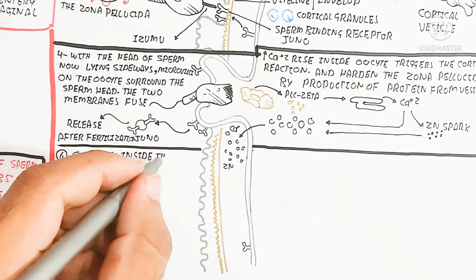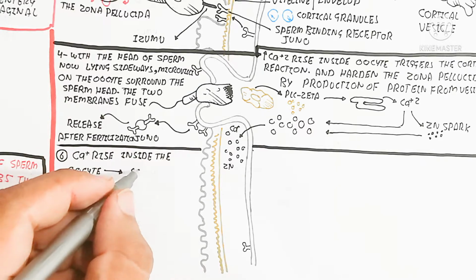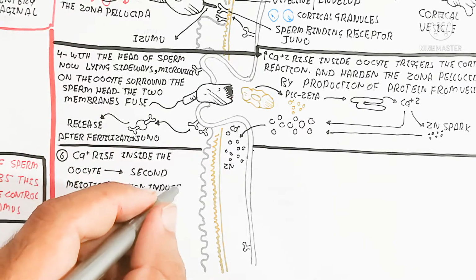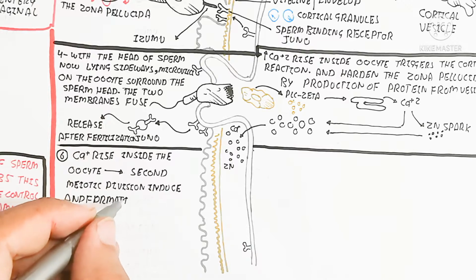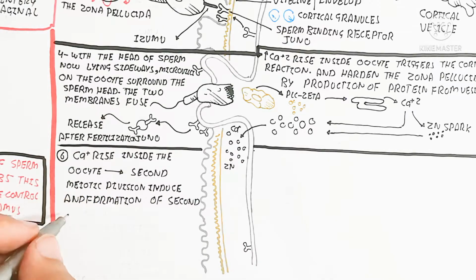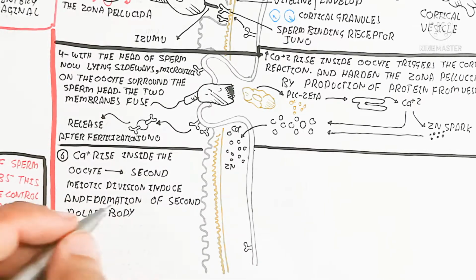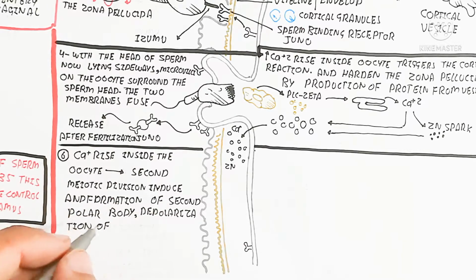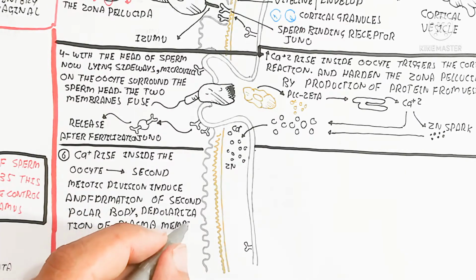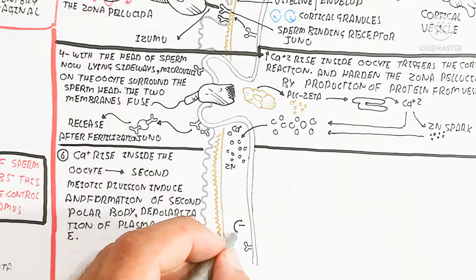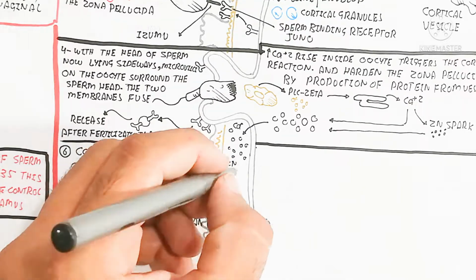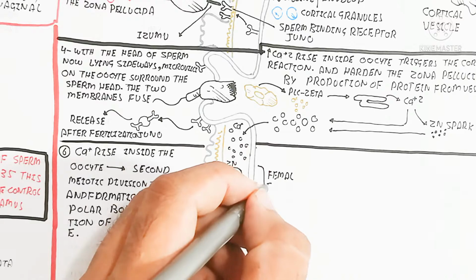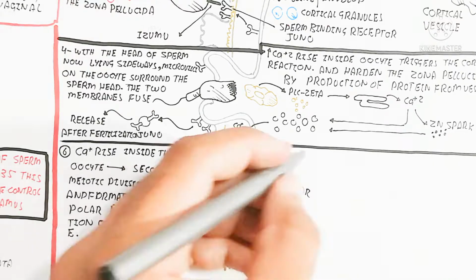This zinc spark will be released and deposited between the plasma membrane and the vitelline membrane, which stimulates number 6, the calcium rise inside the oocyte. The second meiotic division will be induced, the second polar body will form, and depolarization of the plasma membrane will occur.